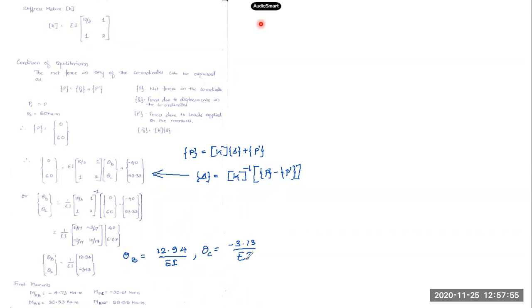These are the values of the rotations theta B and theta C. Theta B is in the direction of the coordinate, that is, clockwise, whereas theta C is in the direction opposite to the coordinate direction, that is, the rotation at C will be in anti-clockwise direction.